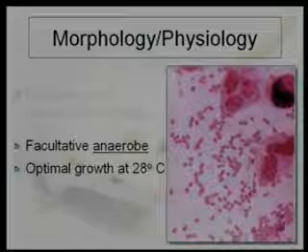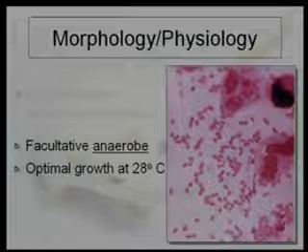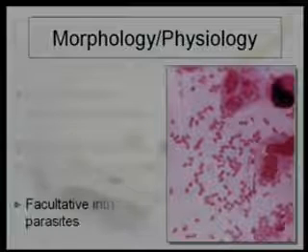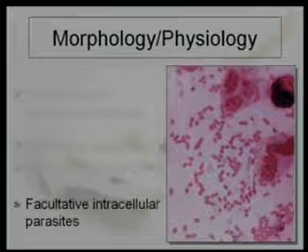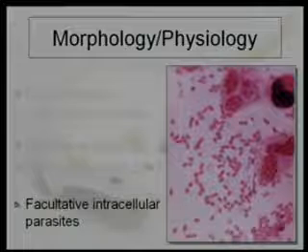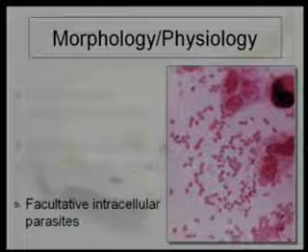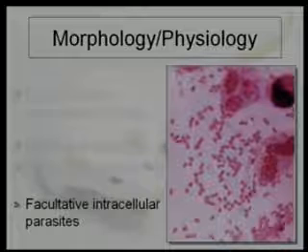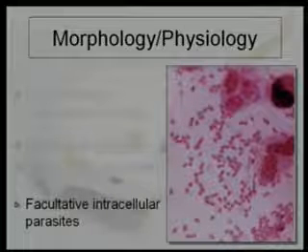It has the faculty to grow in anaerobic conditions. Optimal growth is at 28 degrees instead of 37. That's why the superficial inguinal and the axillary lymph nodes are often involved.